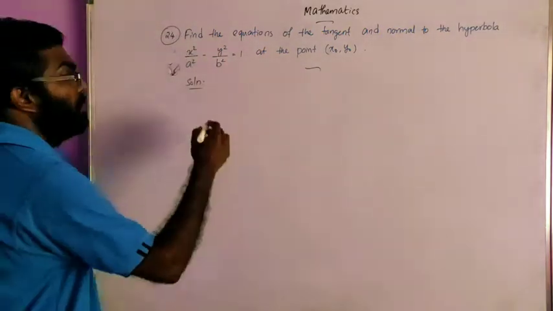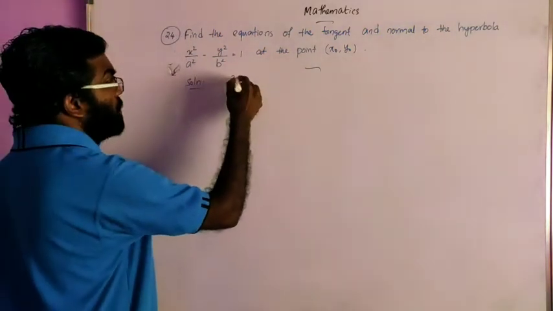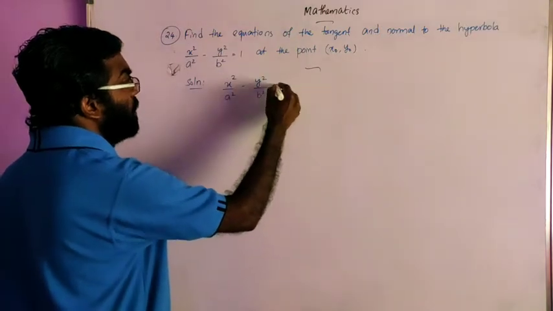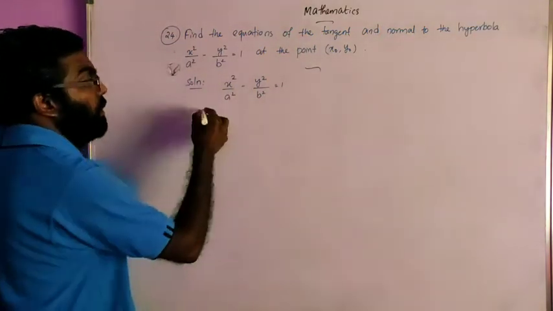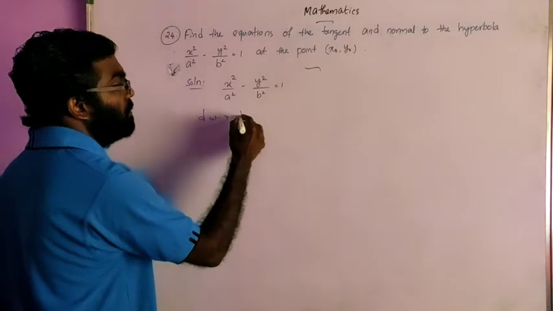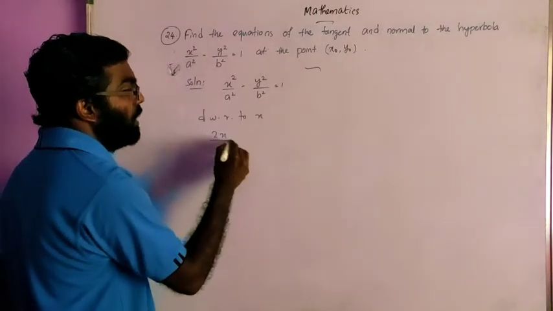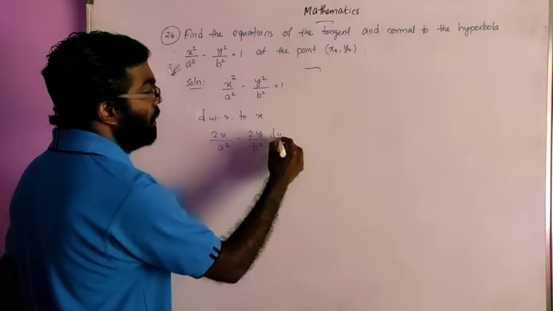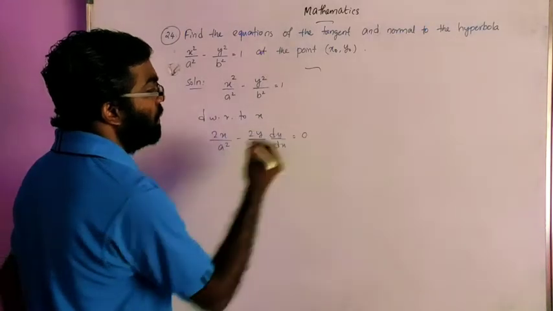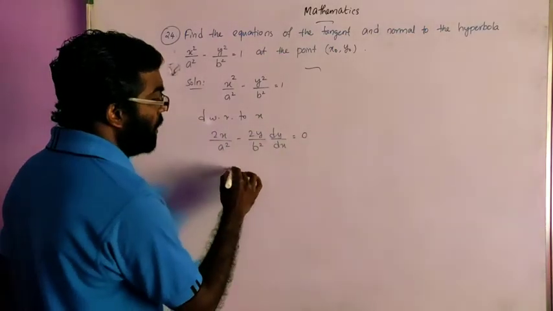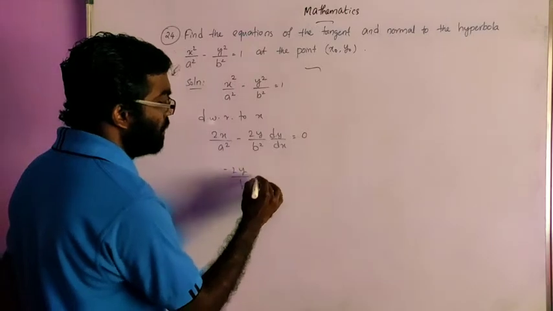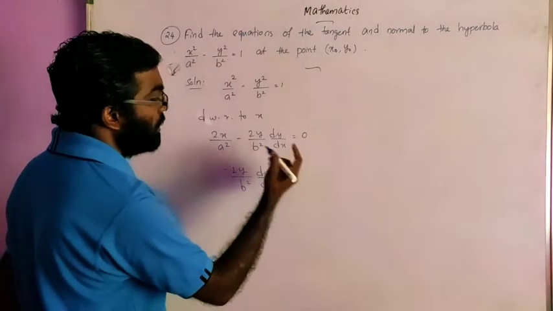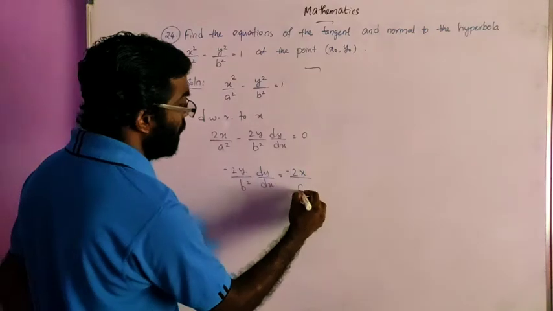Okay. So first we can write the equation of hyperbola x square by a square minus y square by b square equal to 1. Now we can differentiate with respect to x. So 2x by a square minus 2y by b square into dy by dx is equal to 0. And minus 2y by b square dy by dx is equal to, we can take this term to the right side, minus 2x by a square.